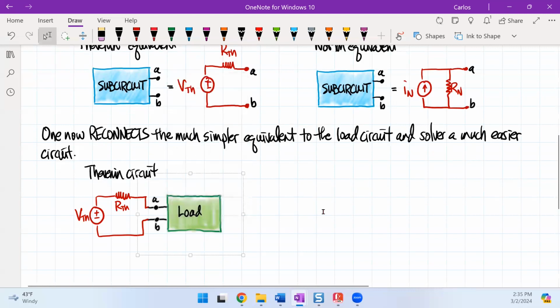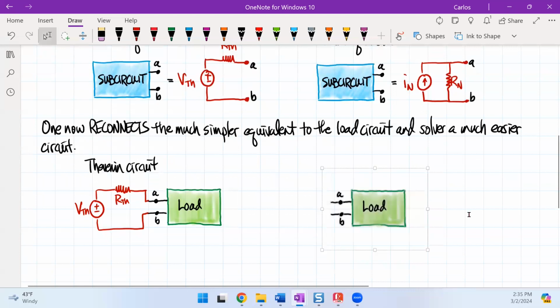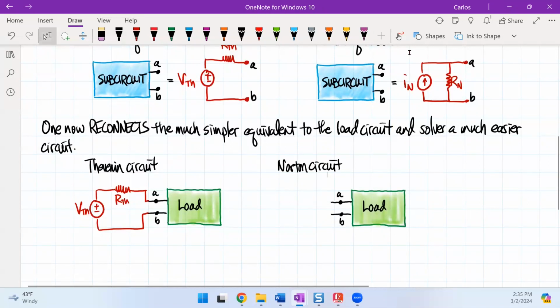And if I was to do it with the Norton, I have effectively the same type of thing here, where now my Norton circuit looks like this.